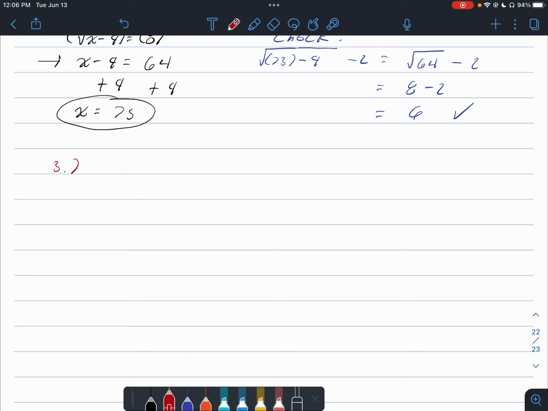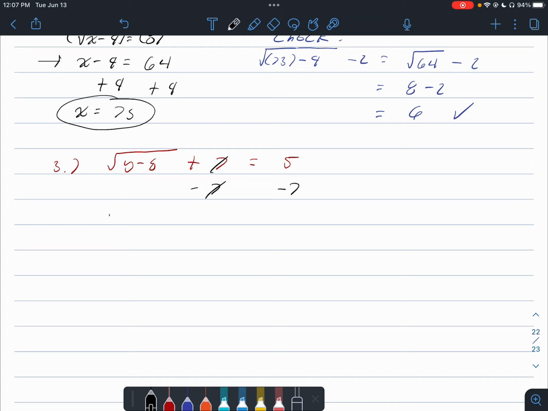Now let's look at a time where maybe things might get a little bit hairy. Let's say we have the square root of y minus 8 plus 7 is equal to 5. Let's take 7 away from both sides.